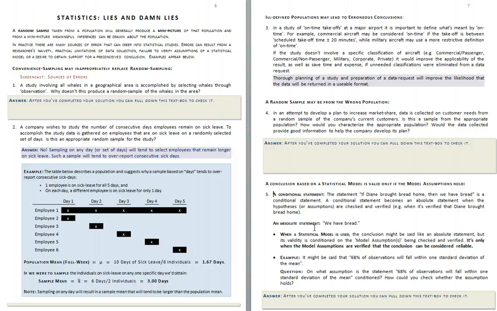For example, it might be said that 68% of observations fall within one standard deviation of the mean. But here's a question for you to consider. On what assumption is that statement, 68% of observations will fall within one standard deviation of the mean, conditioned? How could you check whether the assumption holds? I'll leave you to think about that one and look, if you wish, under the text box to check your answer.